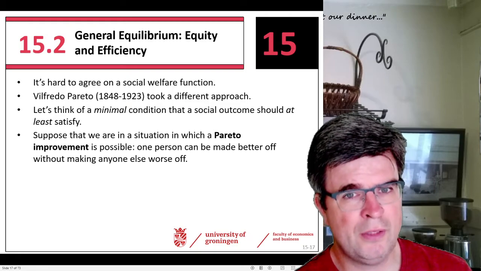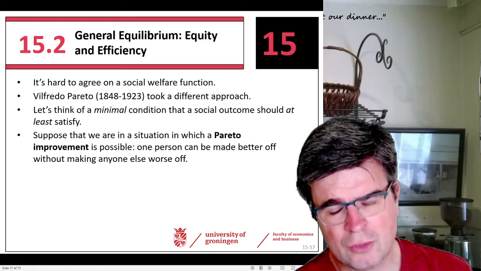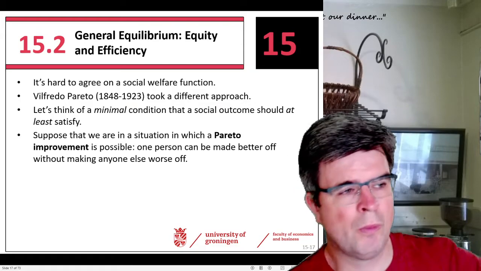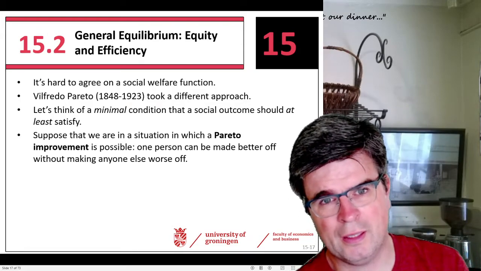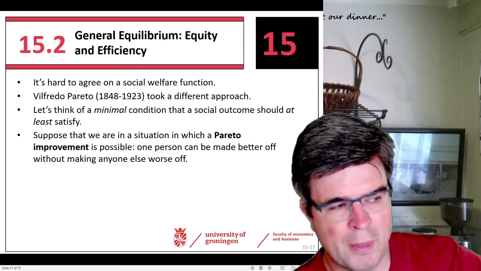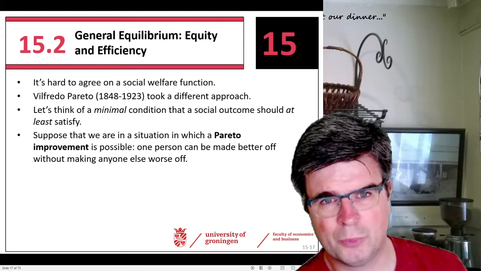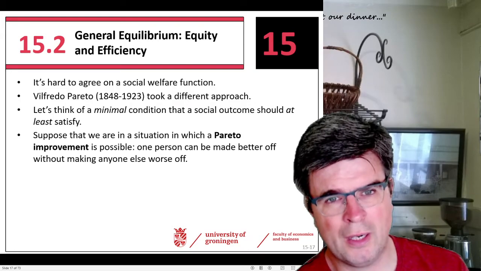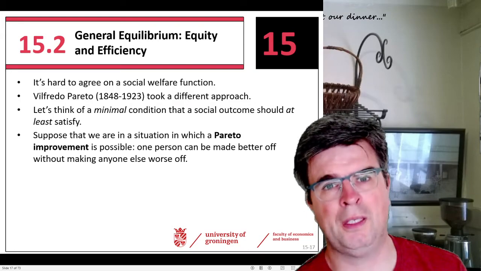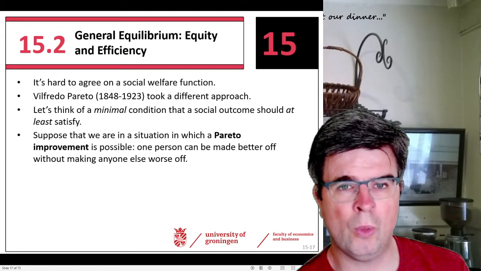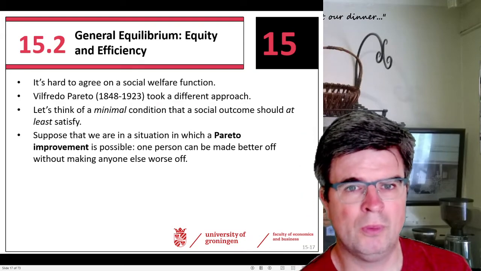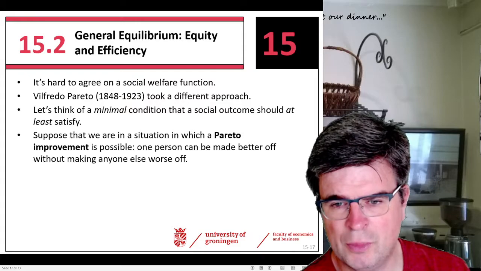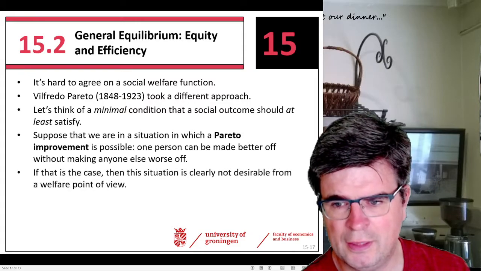As long as Pareto improvements are possible, as long as it is possible to reallocate resources in such a way that you make at least one person better off without making anyone else worse off, then you are able to make an improvement, a Pareto improvement. So the old allocation could not be an optimal outcome. And that's the fundamental idea that he came up with.